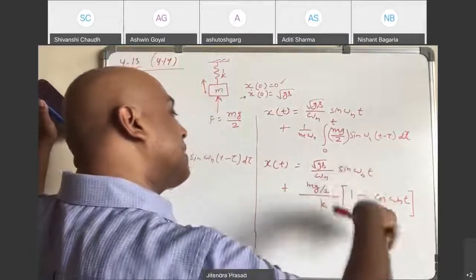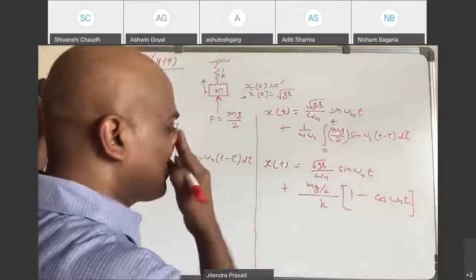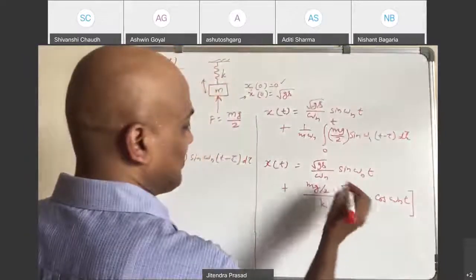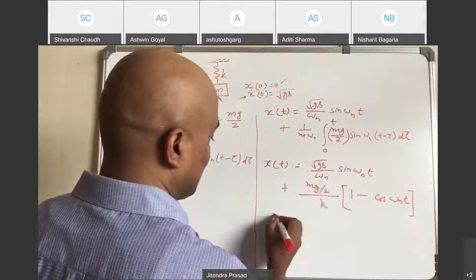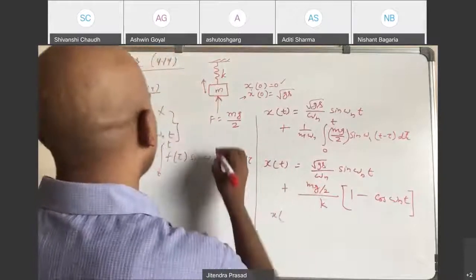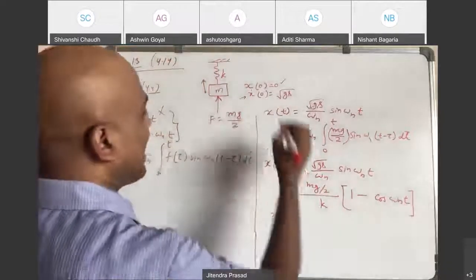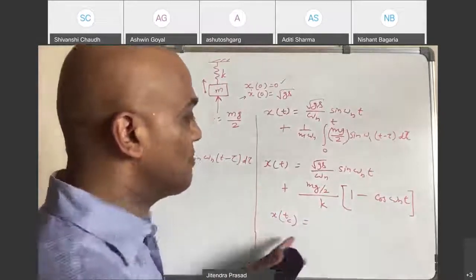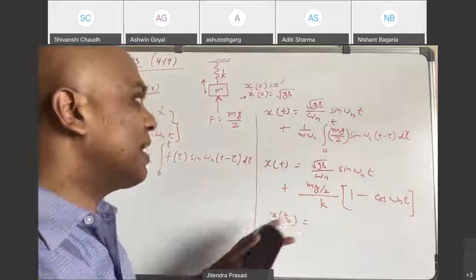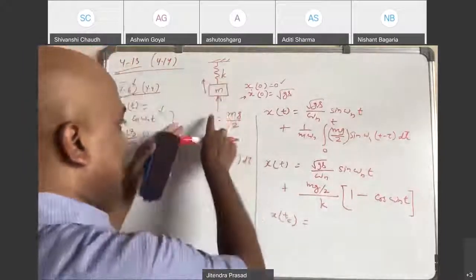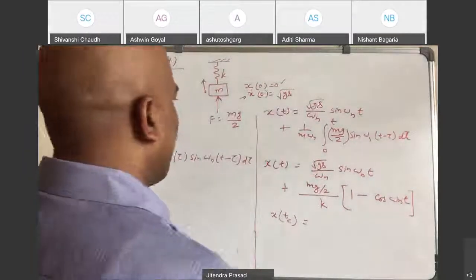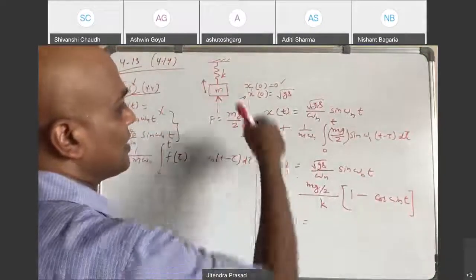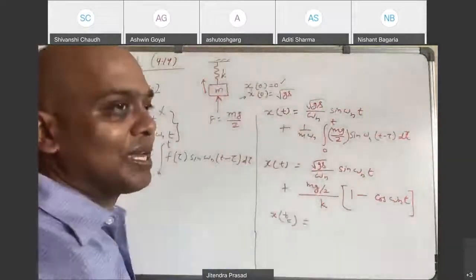But there will be another solution as well, right? Let's say we wanted to find out the contact time tc. The next contact time will be when it is coming down. When it comes down, it will have the same velocity but in the opposite direction, so that way also you can get a hint.